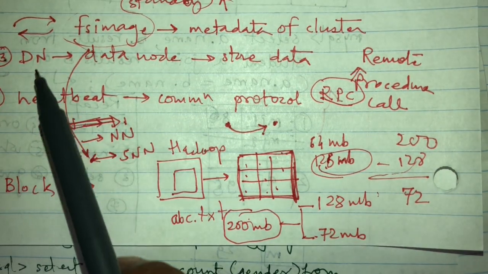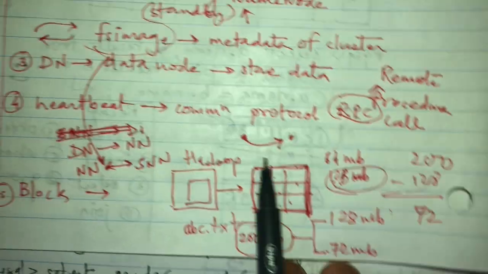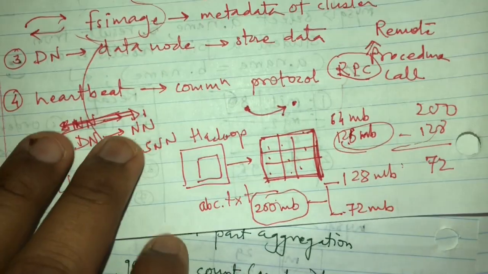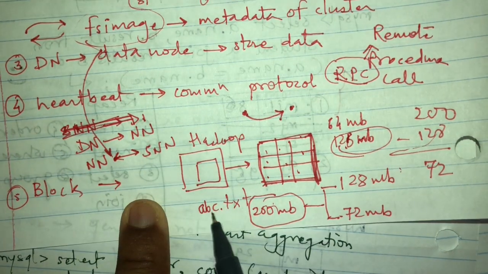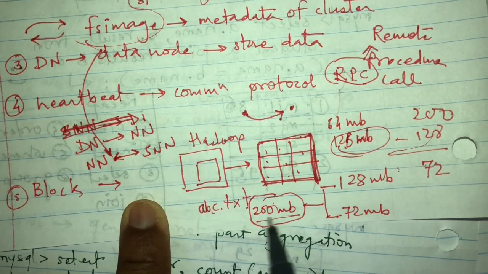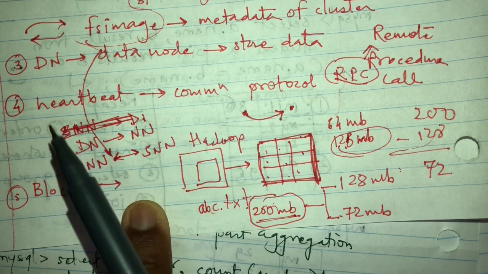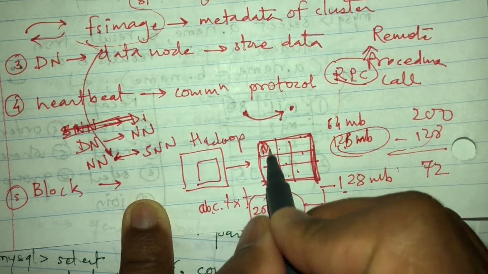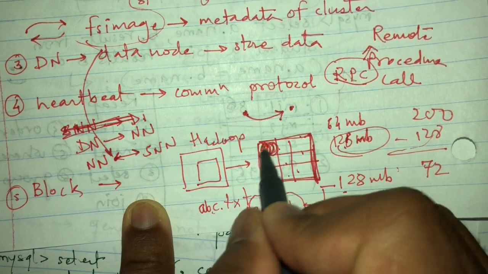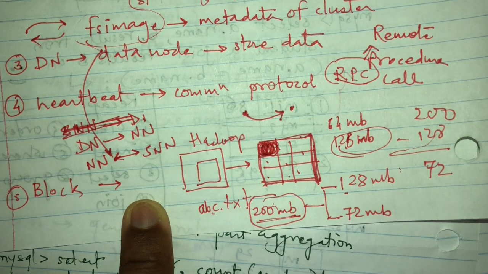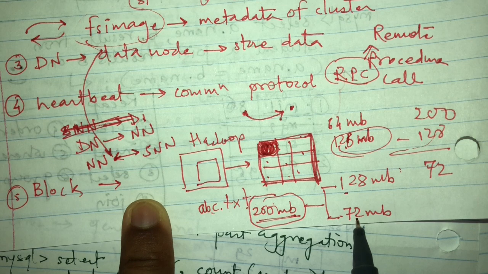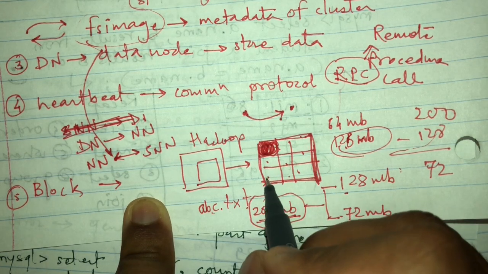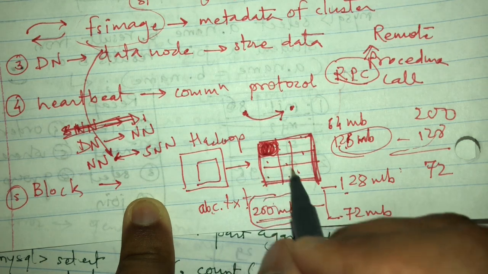Now I told you, right, data node stores the data, but it is name node's job to tell data node where to store the data. So you want to create this file, you take this 200 MB, you go to name node, and it will tell you to take this 128 MB and store here. So this is 128 MB, so this block is gone. Now name node again tells you take this 72 MB and store it here, because these blocks are going to be used for some other purposes.